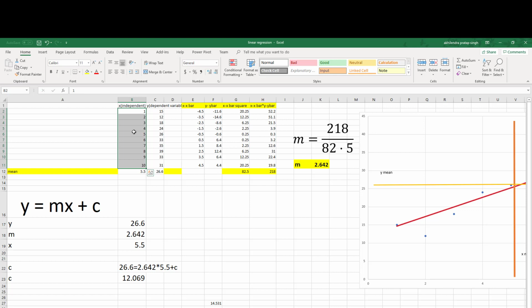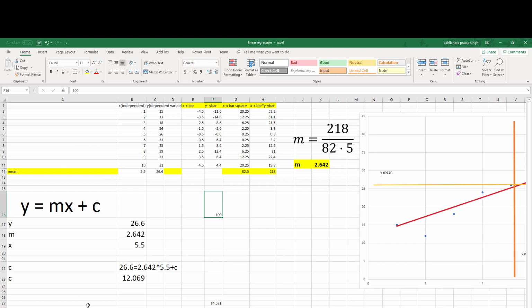X is till 10. But in real life, when you use predictive modeling, you first train the data, which means you will use this data set for training, and then you will feed the unseen data. Let's say you will feed 100 into this model, and you want your machine learning model, in this case a simple linear regression model, to determine what will be the value of y if the value of x is 100.